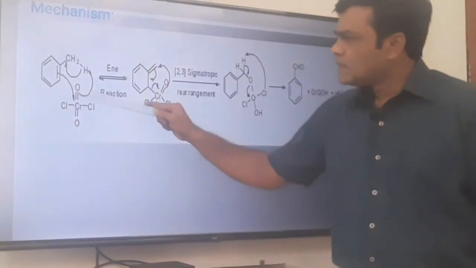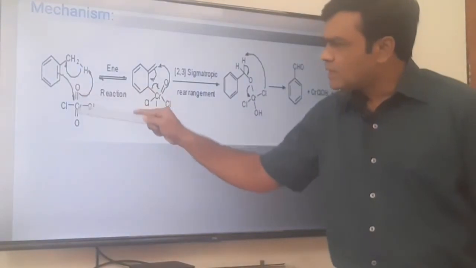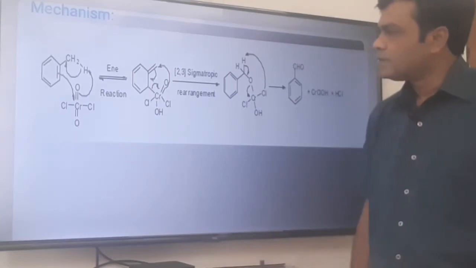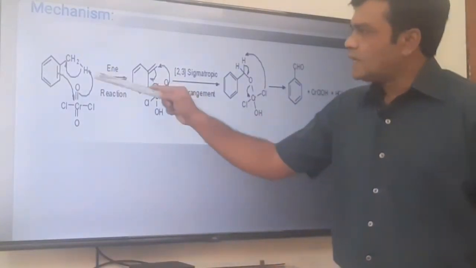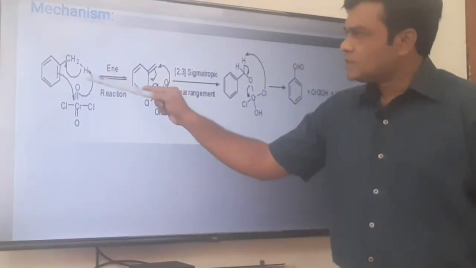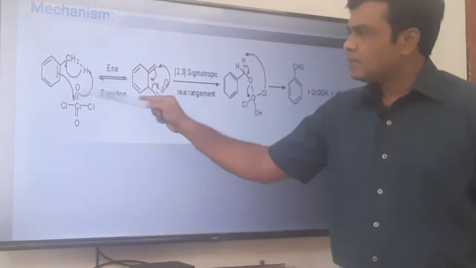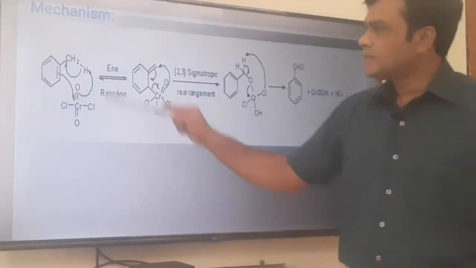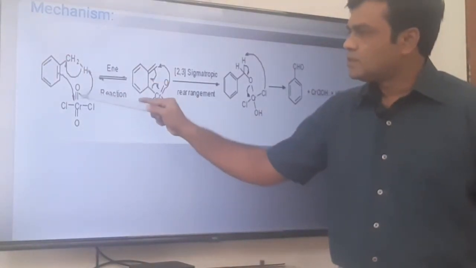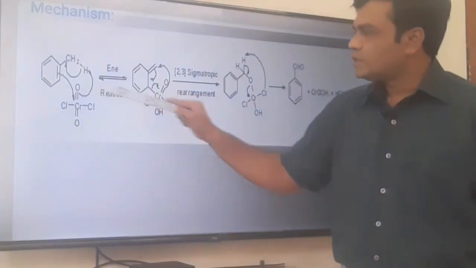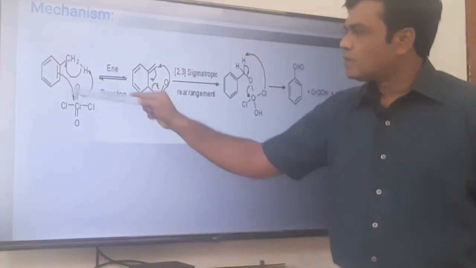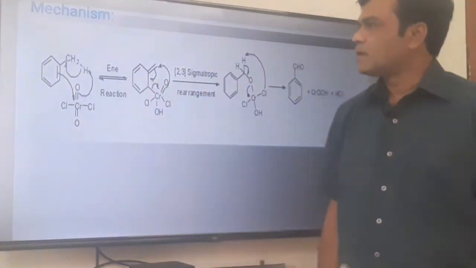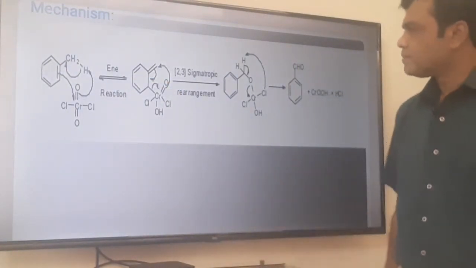When this bond is formed between carbon and chromium, these pi bonded electrons open on oxygen, so it has O negative, meaning an oxide ion is formed. This proton, H positive, and this oxide ion combine, O negative and H positive, and OH is formed. So what happens here is the shifting of this proton to the oxide ion, OH formation, a new bond formation between chromium and carbon, and a double bond formation between carbon and carbon, and we get this one.